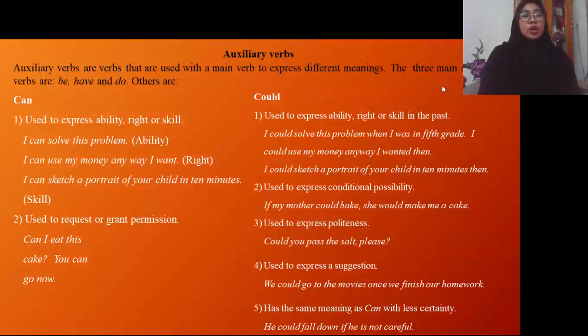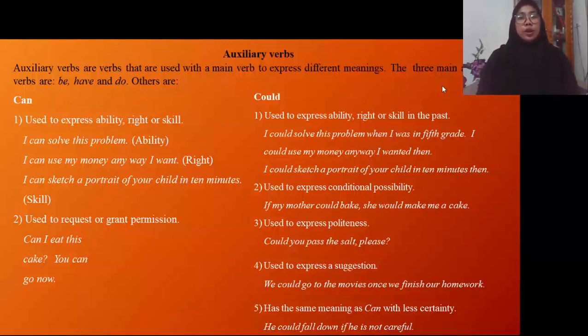Next, the auxiliary verbs. Auxiliary verbs are verbs that we can use with a main verb to express different meanings. For example, "can" is used to express ability, request, or granting permission.